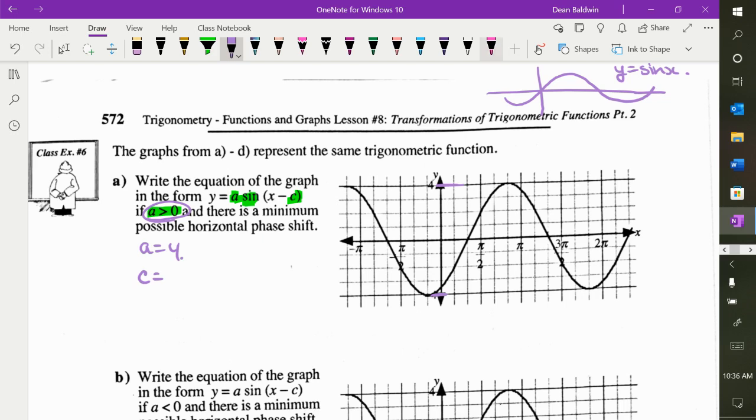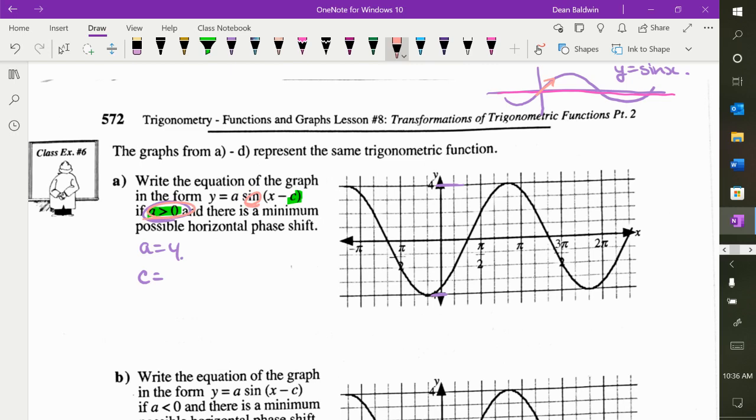It's 0. It's the x-axis. That's the line that splits the graph in half. Okay, look at the origin. What is the graph doing? Is it going up or going down? It's going up.